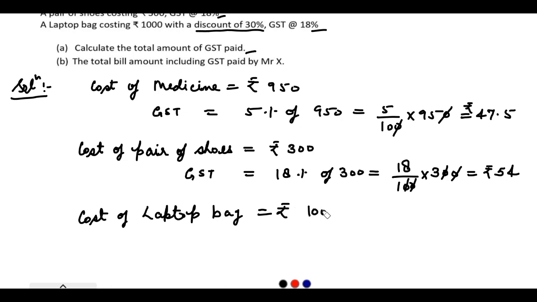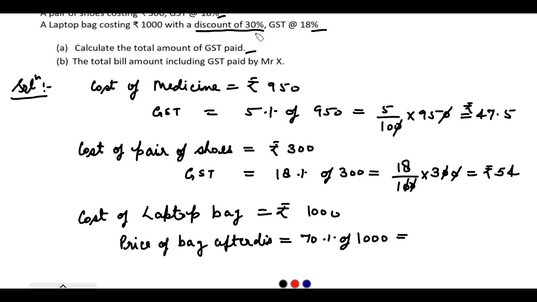Rupees 1000, but a discount of 30% is available on this bag, then the price of the bag after discount will be 70% of 1000, or 1000 minus 30% of 1000. Because if the discount is 30%, then you have to pay 70%.